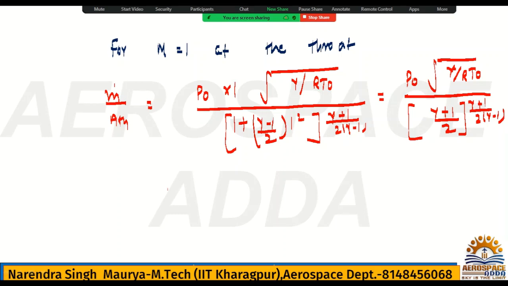Now you keep the gamma value, all the values you have now.